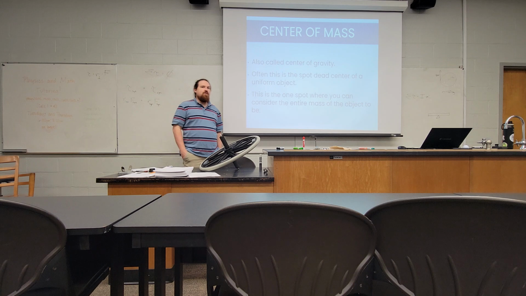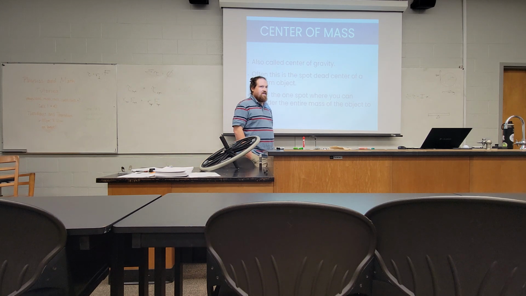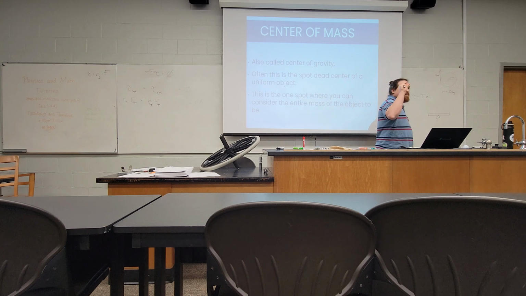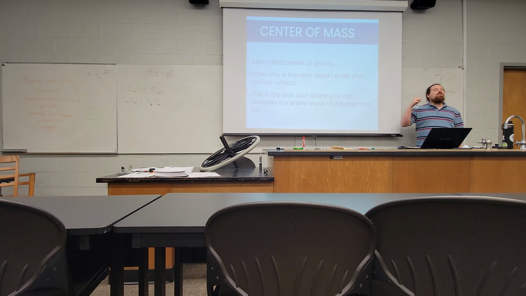Technically speaking, if you know where something's center of mass is, you can treat the object as if it was an infinitesimally small point at that spot. And as long as you are acting directly on an object's center of mass, it's as if you are acting directly on the entire object at once.